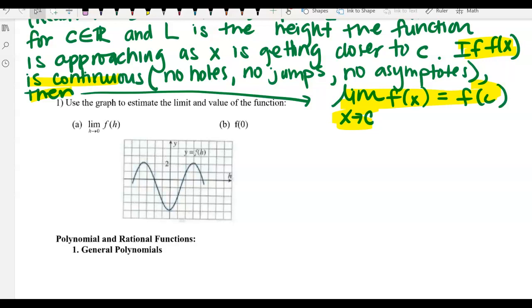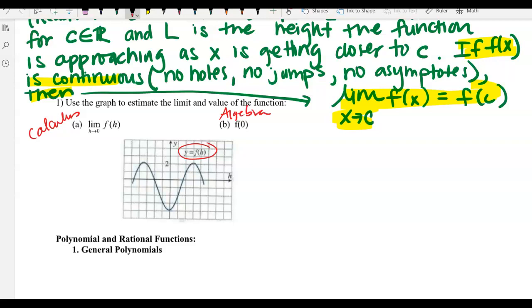Perfect. It says use the graph to estimate the limit and value. So part A says find the limit of f of h, which is this function right here, as h approaches 0. So this part A is your calculus kind of question. Now part B says find f of 0. This is more of an algebra kind of question, okay?